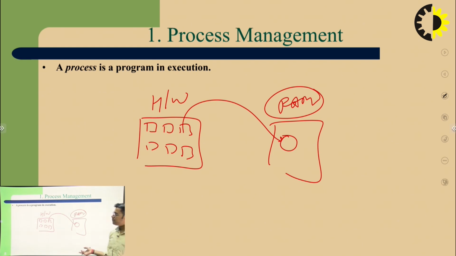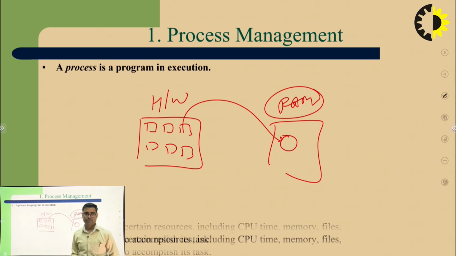When these processes come from the hardware to the RAM, that means the process is in execution. So this is a process. A process is a passive entity. When the process is in execution, then the process is active.